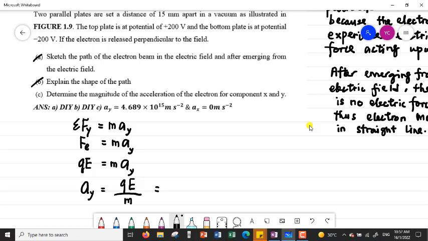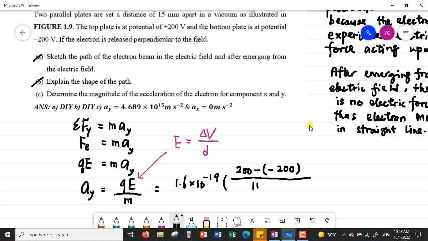Then we can put in the values. The elementary charge for one electron is 1.6 × 10^-19; you might check it in the list of constants. The electric field strength for parallel plates is the potential difference applied across the plates divided by the separation. So the electric field strength will be 200 volt over the separation between the plates, 15 × 10^-3, 15 millimeter, divided by the mass of the electron.